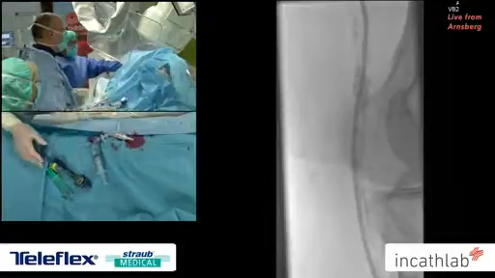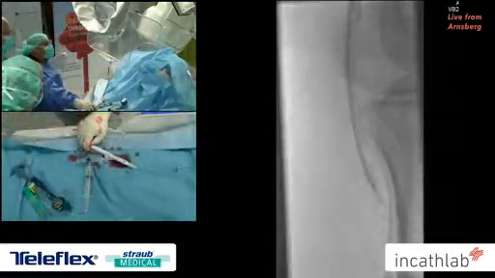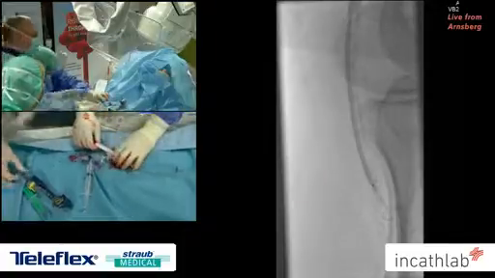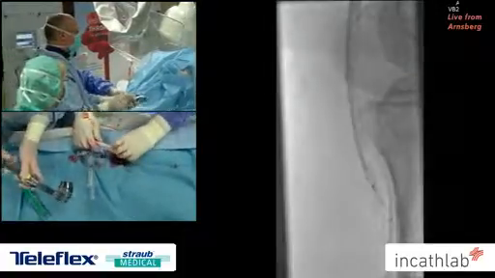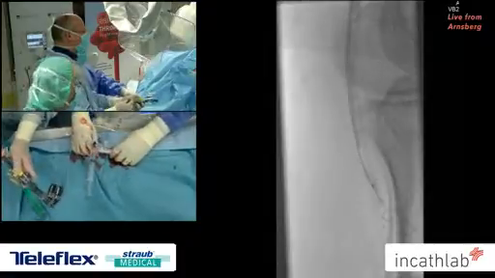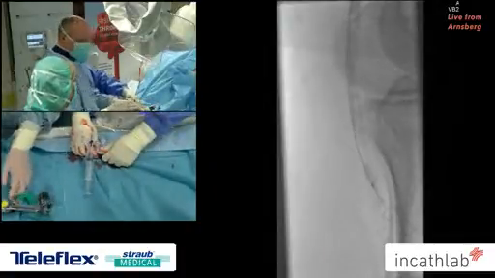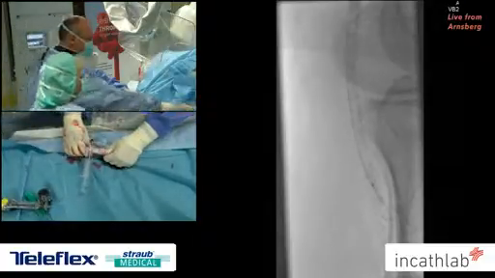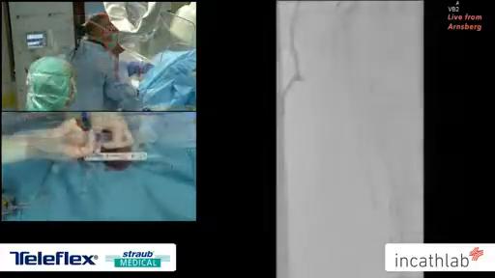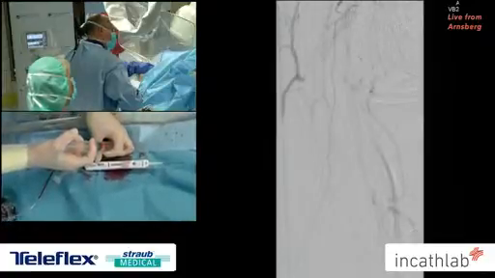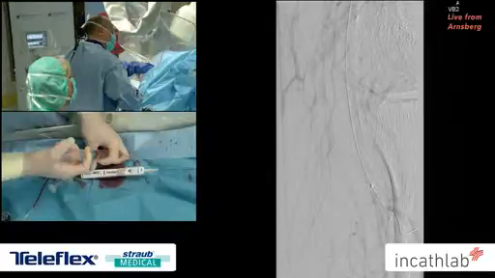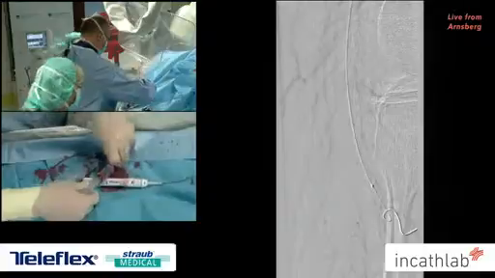I think the use of the shorter size is useful to advance using the balloon as a support catheter, advancing and inflating the balloon and then checking, especially in a patient with a borderline creatinine, where it is really important to reduce the amount of contrast medium.